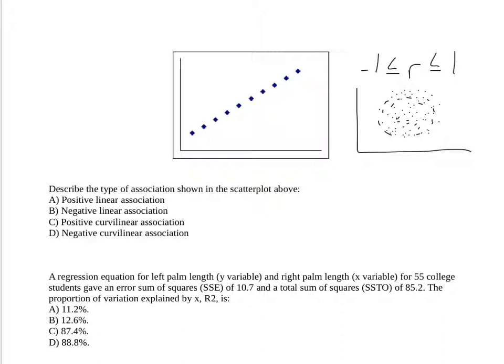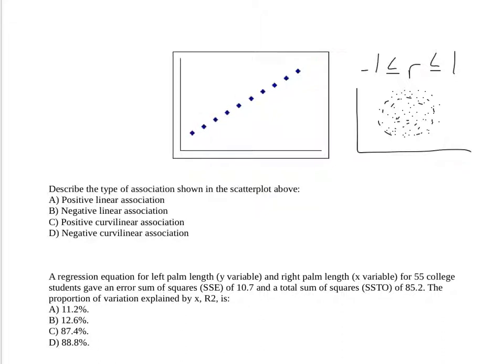For example, if you used regression for your height in inches and your height in centimeters, you would have a perfectly straight line. Everything would fall exactly on that line because there is a deterministic relationship between how tall you are in inches and how tall you are in centimeters. Once you know how tall you are in inches, without any variance, you know how tall you are in centimeters, because it's a direct conversion. So that's a case where you'd have an R equal to 1.